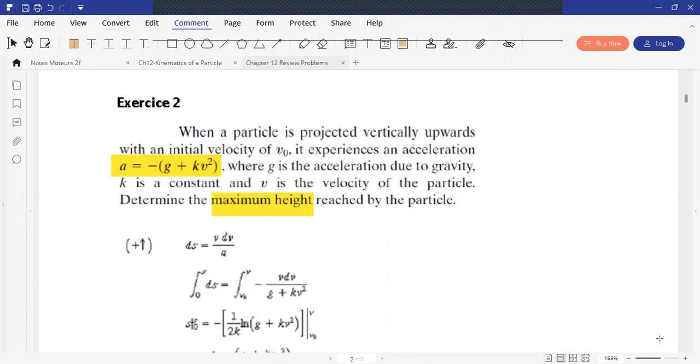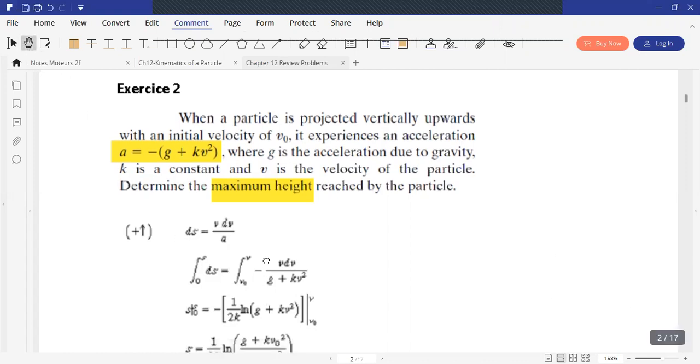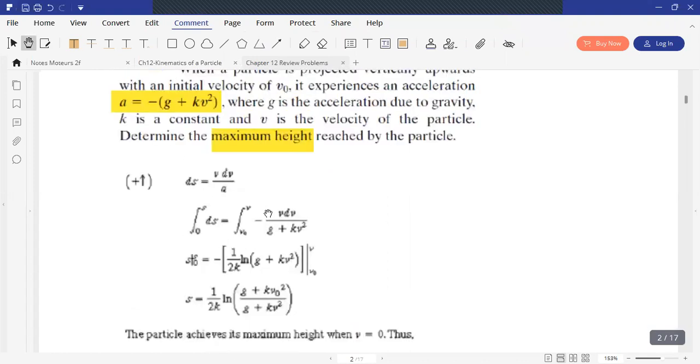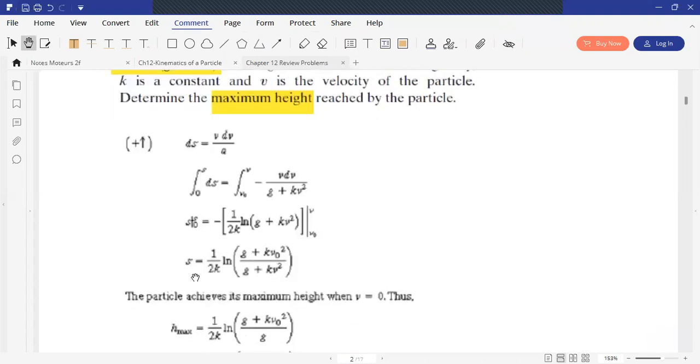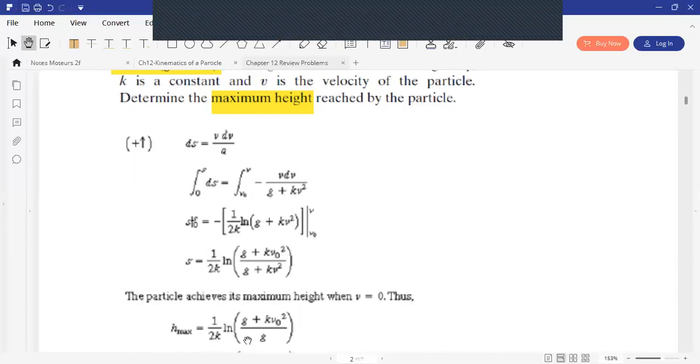You will not have a complex integral to do. Just the simple one. So now, when I do the integration, I can find S as a function of V0 and V. And S maximum will correspond to V equals 0. So if I replace V by 0, I get the maximum height. So this is a relatively simple problem.